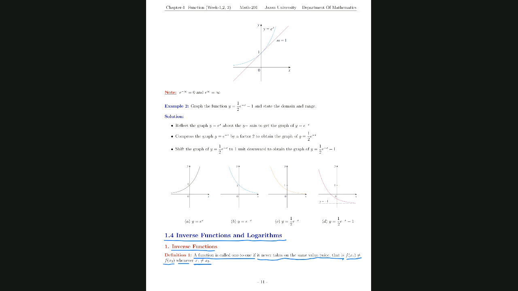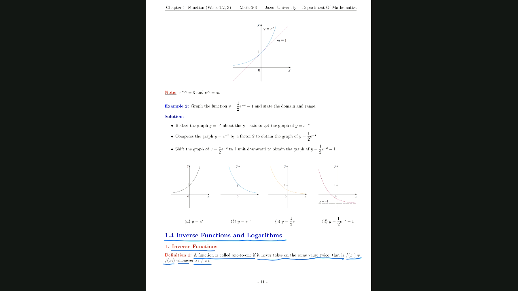So one-to-one function means if two different inputs always give different outputs, then the function is called one-to-one.